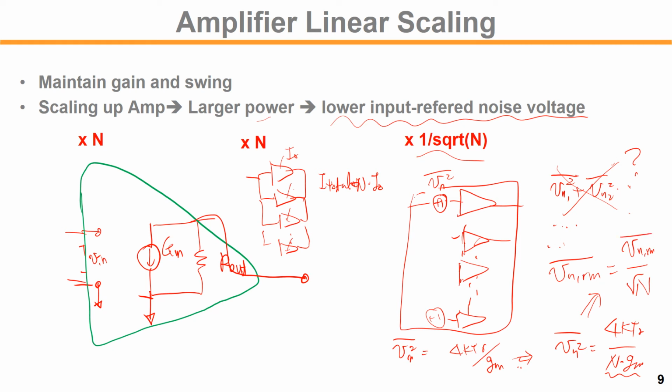So the n times larger amplifier gives an input reference noise voltage in RMS that is smaller, right?